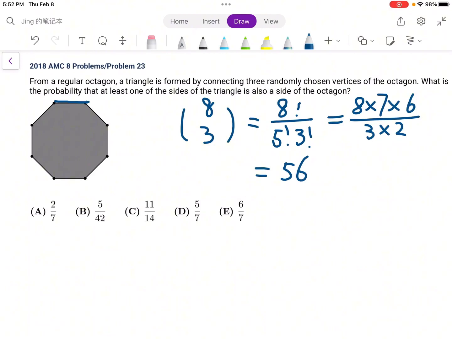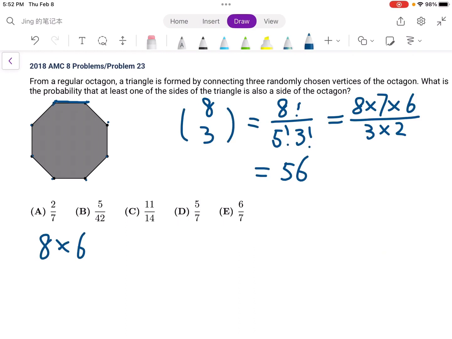And how many choices are there? There are 8 sides, so that means 8 choices. And then we choose the third vertex of the triangle from any of the 6 points that are left. So that's 6 total choices.